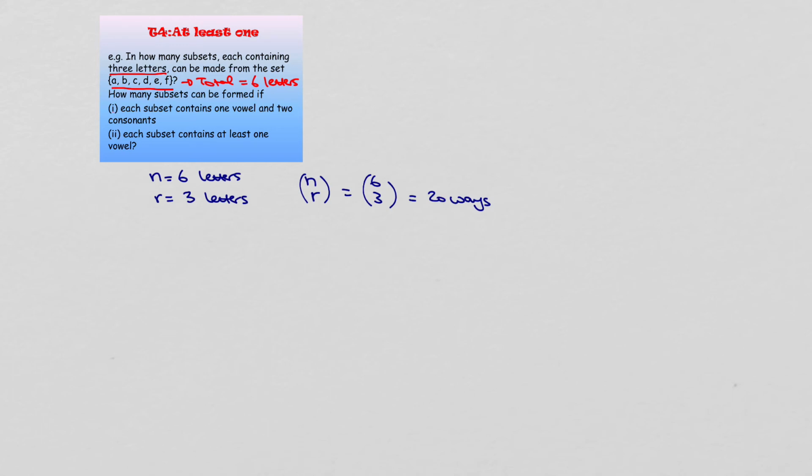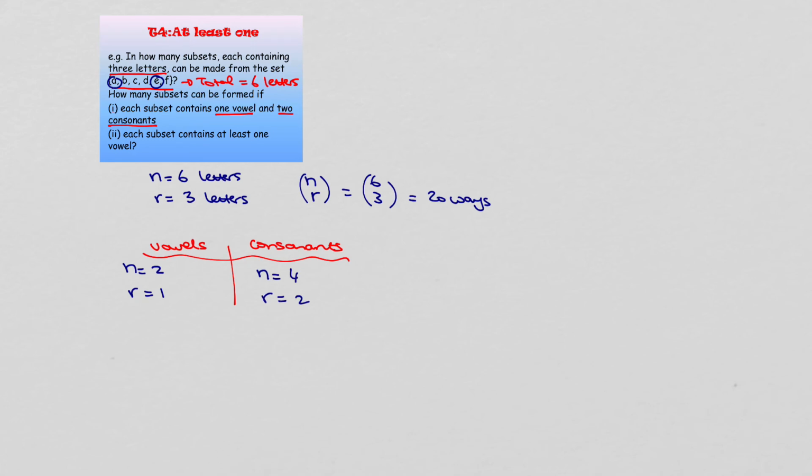So then it says, well, how many subsets can be formed if each subset contains 1 vowel and 2 consonants? So that means if we look, we have vowels and consonants. So our number of vowels are 2 because we have A and E. And we have to select 1 vowel. And the number of consonants is B, C, D and F. So in other words 4. And we have to choose 2 consonants.